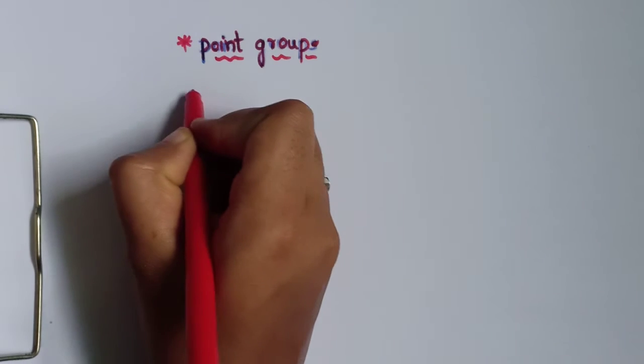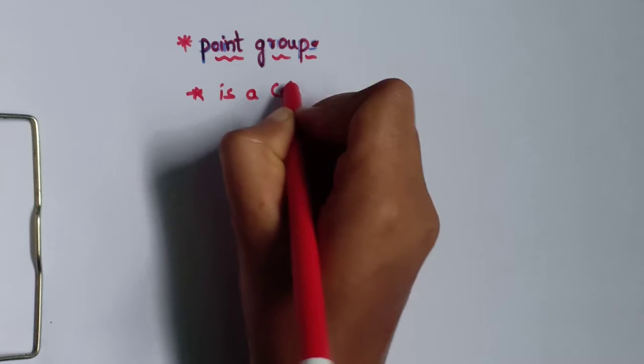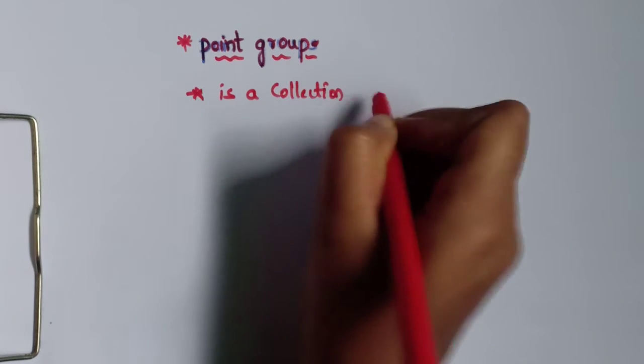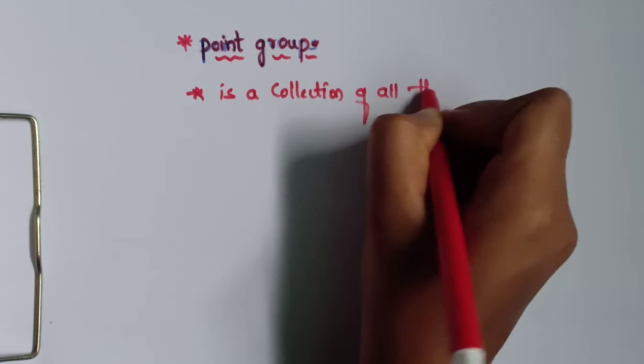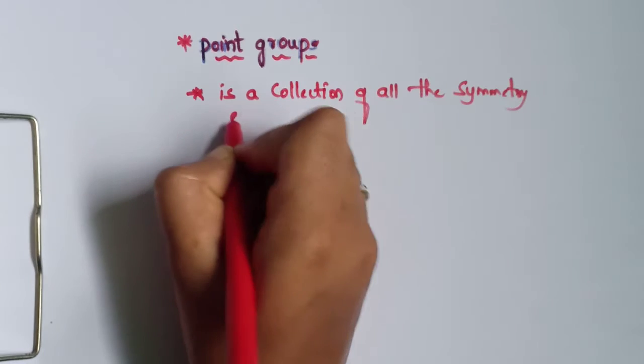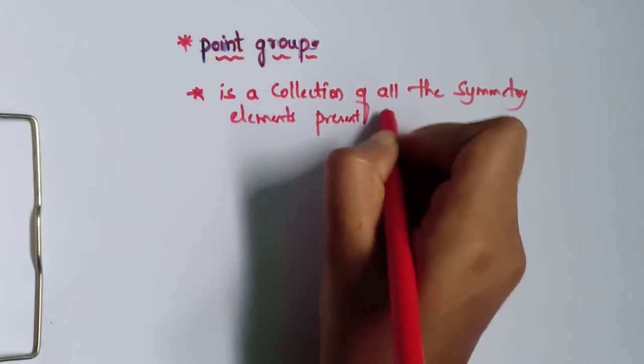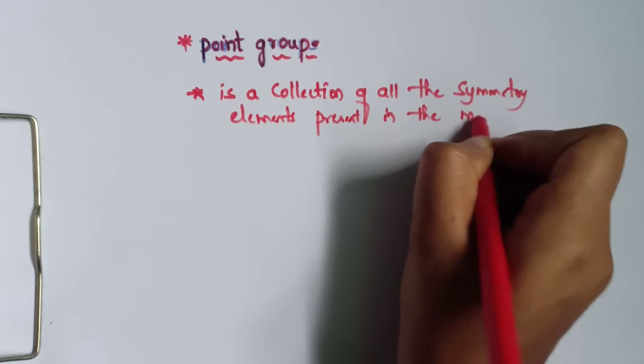That means a point group is a collection of all the symmetry elements present in the molecule.